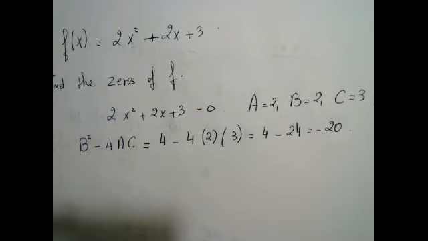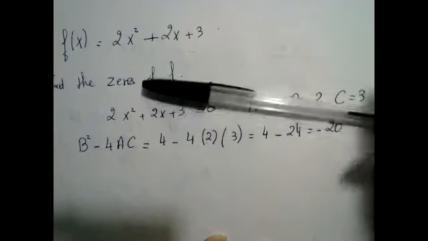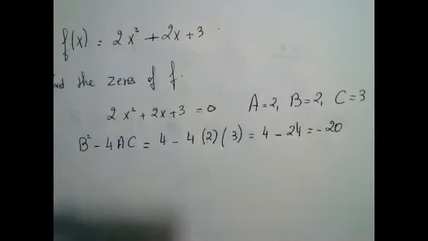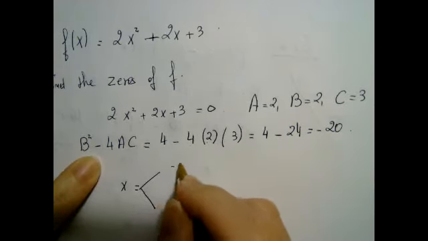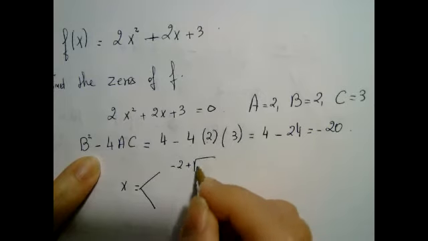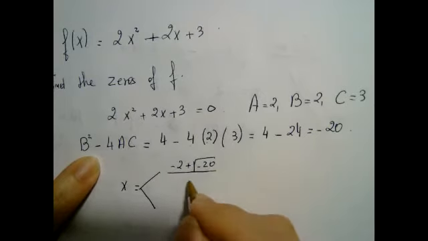Now, of course, you guys should be looking at it with suspicion. So what is happening in this scenario and how would my function look? If I sit down and find the solution, I'm going to have minus b plus the square root of minus 20 over 4.